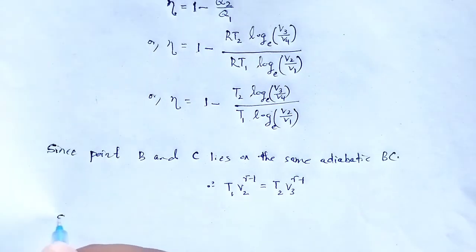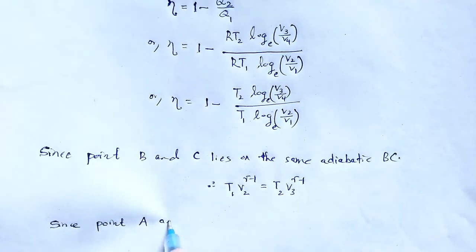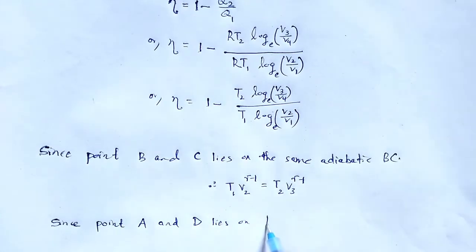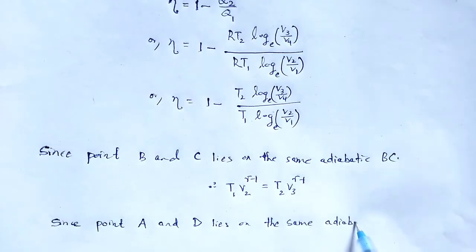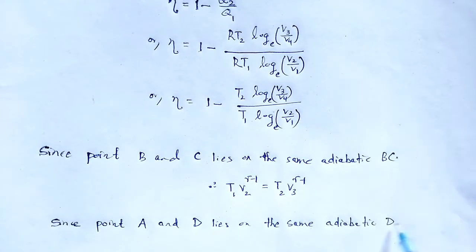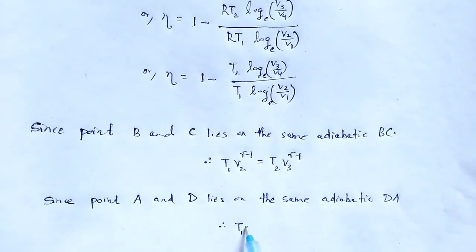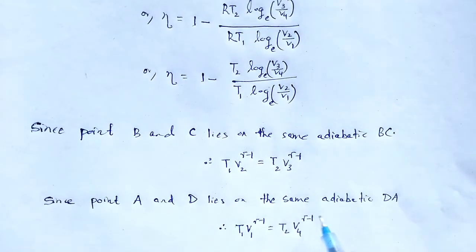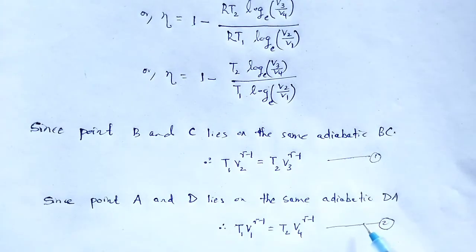Again, since points A and D lie on the same adiabatic DA, therefore T1 V1 to the power gamma minus 1 is the same as T2 V4 to the power gamma minus 1. That is equation number 1, and that is equation number 2.